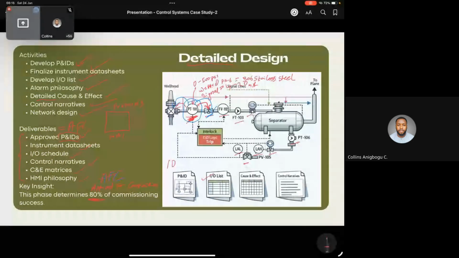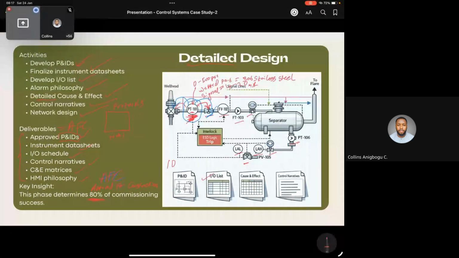These are the essential things you see on the P&ID, right? You see the instrument and its name, PT101, that's pressure transmitter 101, FV102, flow valve 102, right?